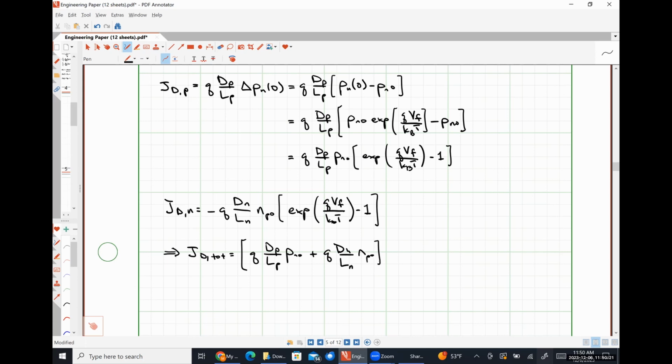The negative sign went away here because the diffusion coefficient is positive. Holes are diffusing from left to right, electrons are diffusing from right to left, but the currents are going to be in the same direction, so they add together.